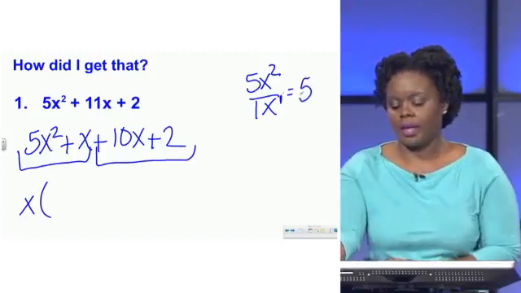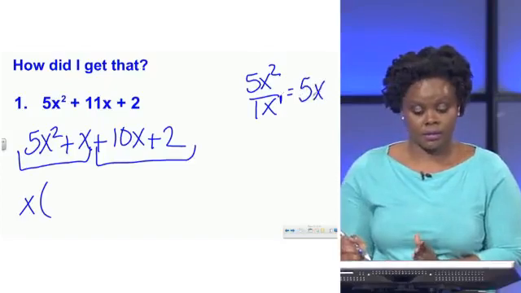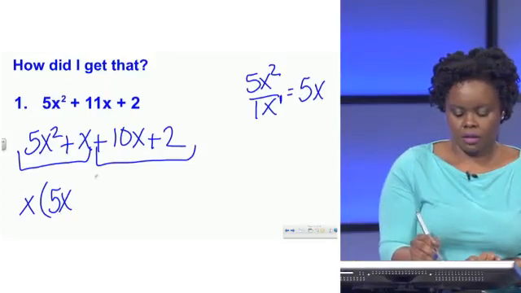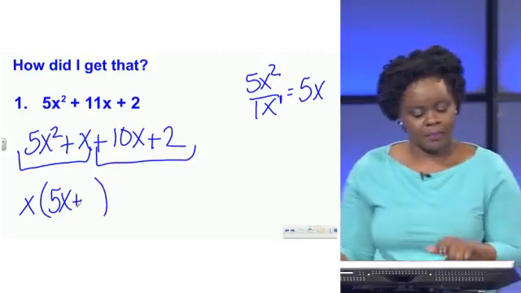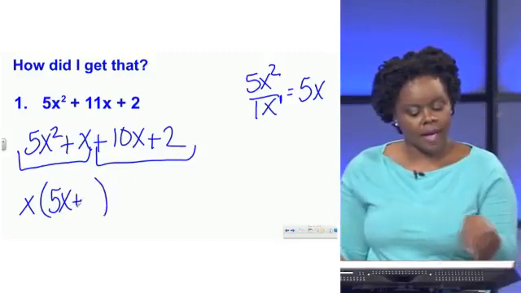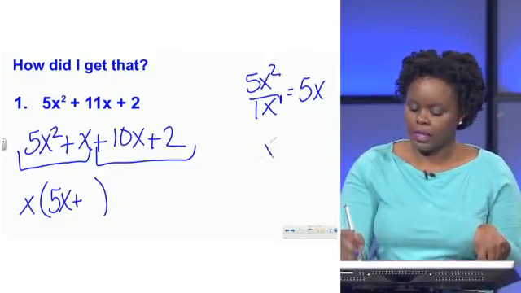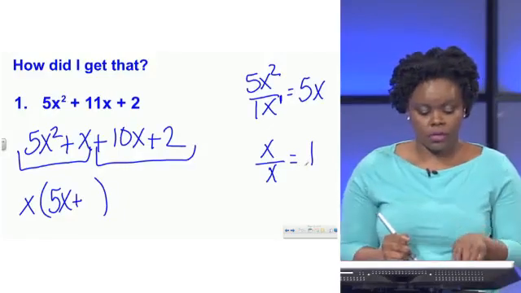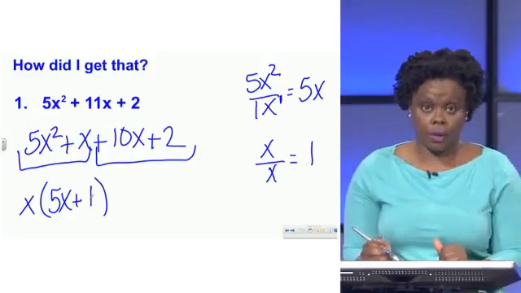X squared divided by x to the first, that's x. So I knew I had 5x right here. Let's close that off, put my plus sign in there. Okay, so now I need x divided by x. Well, anything divided by itself is 1. So that's how I knew that the second term in there was 1.